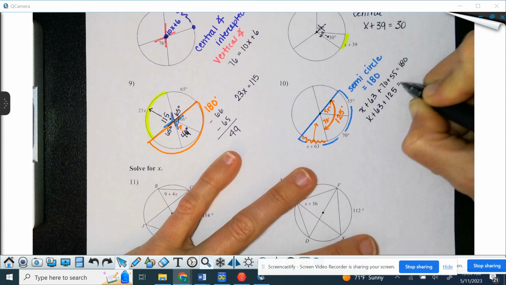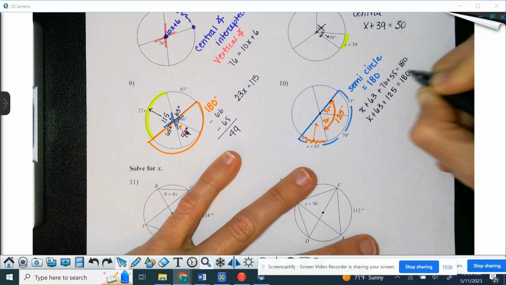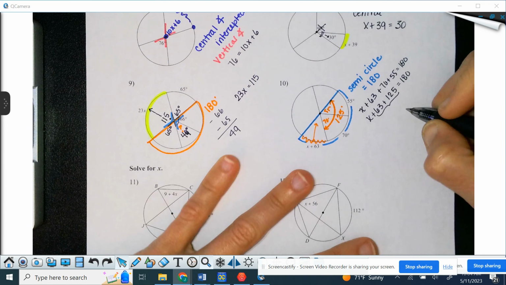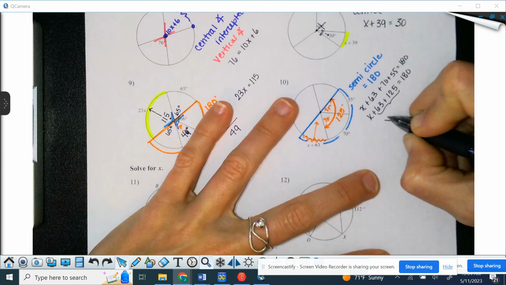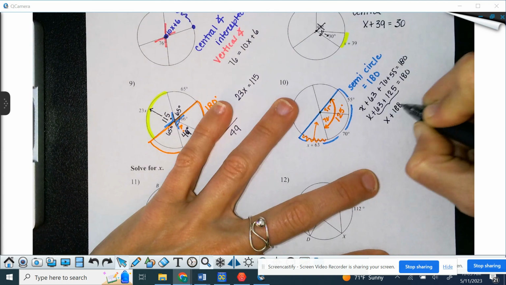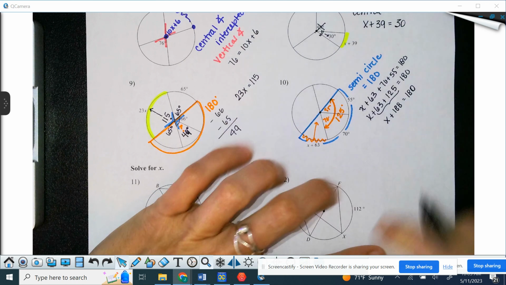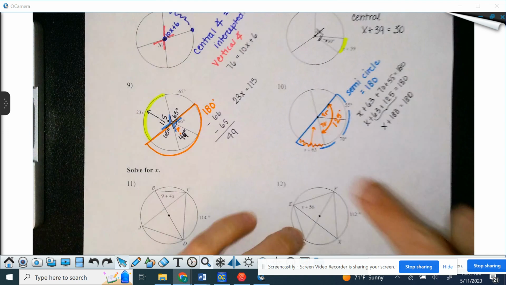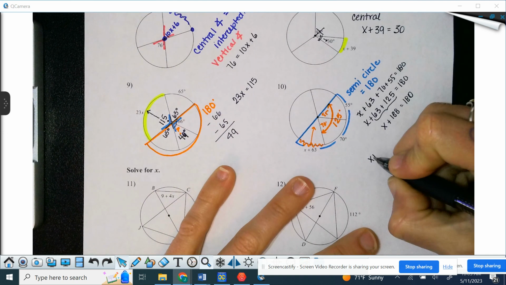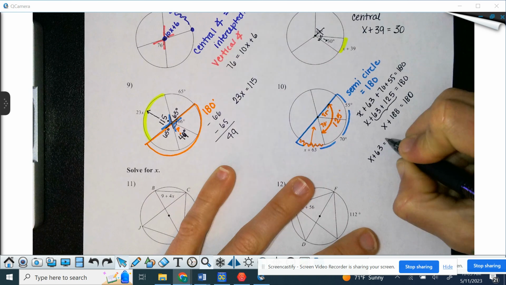And again, you would just continue to clean up and combine like terms. And so you're down to this. Or if you went ahead and took the 125 from 180, you could set it up as x plus 63 is equal to 55. Both of those are correct.